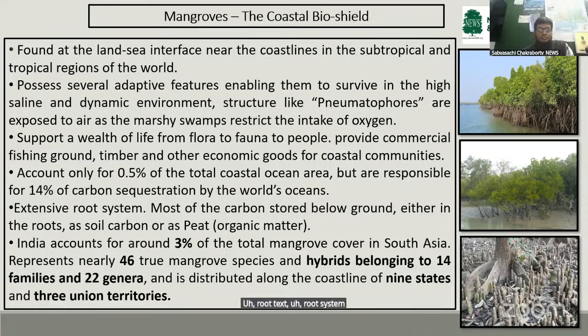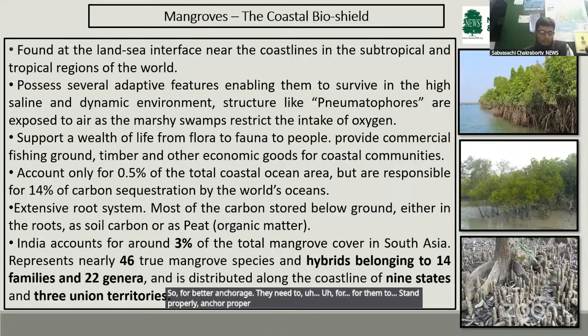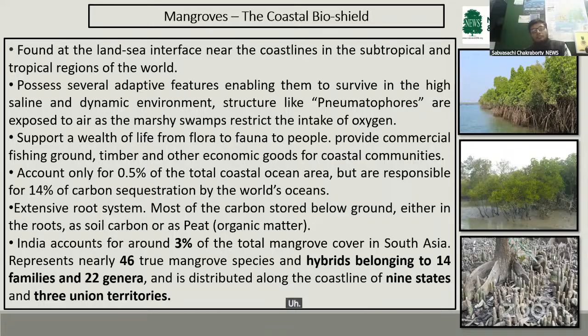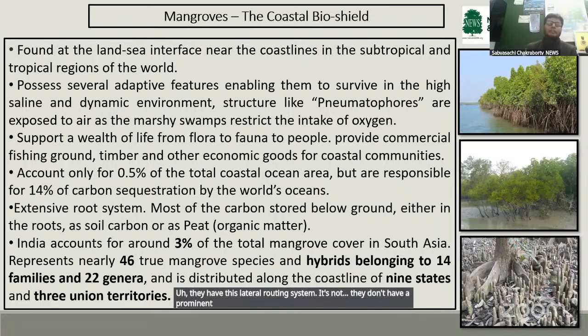This is because there is always a continuous movement of sediments, so for better anchorage, for them to stand properly, they have this lateral rooting system. They don't have a prominent or well defined taproot system, but they have very prominent lateral roots.